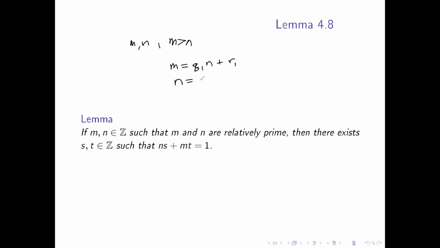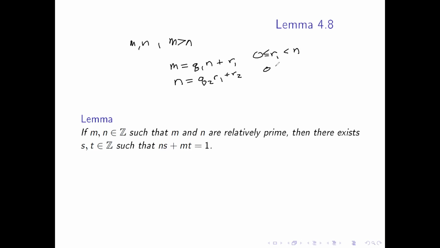N is equal to Q2 times R2 times R1, excuse me, plus R2, where in this first case, R1 is clearly less than N and bigger or equal to 0.